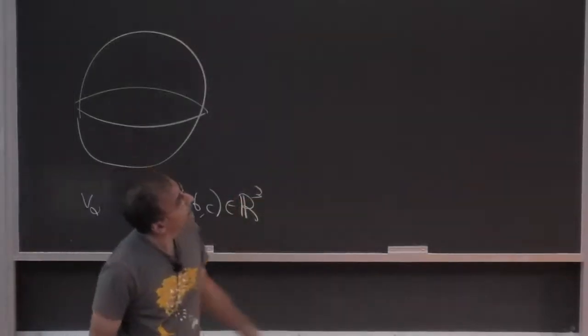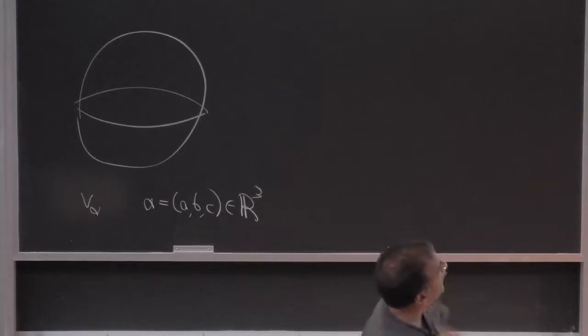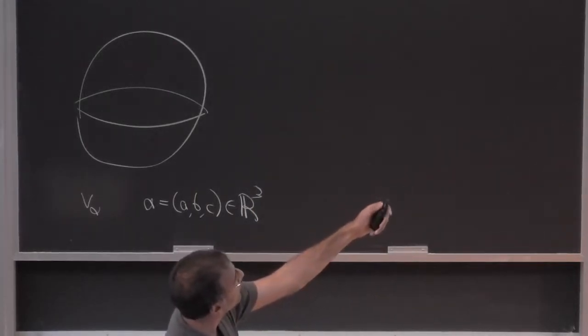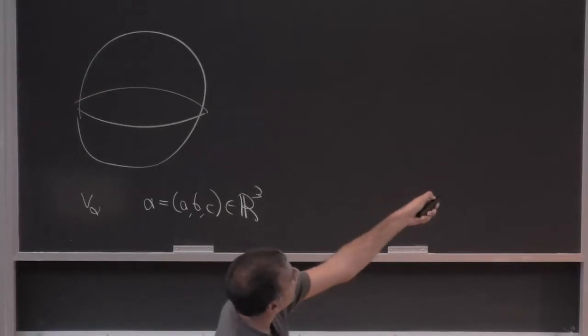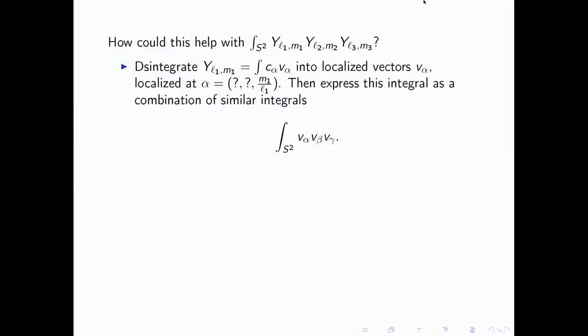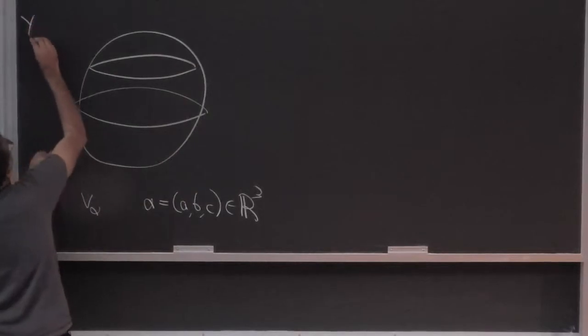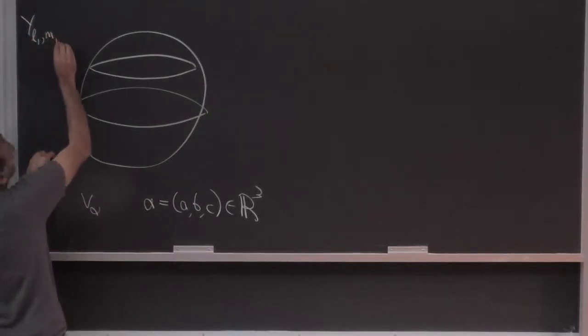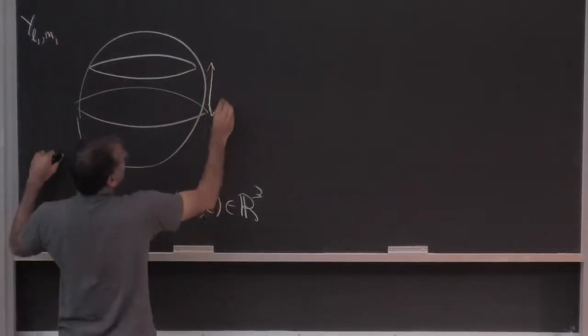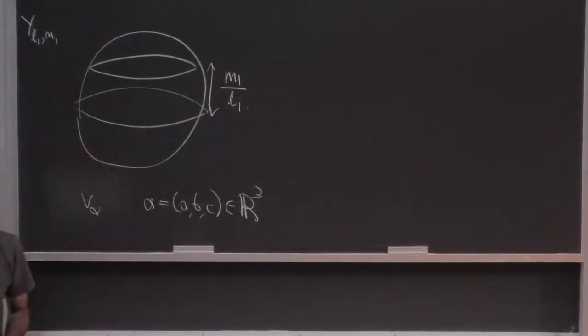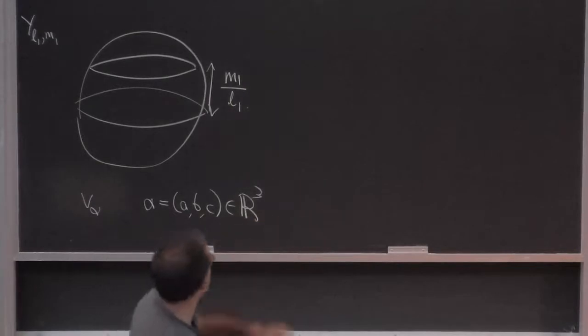I already said that this point has to lie in the unit sphere, but it satisfies a further constraint, and that's because the spherical harmonic is an eigenfunction of z-axis rotation. So in fact, when you decompose the Y, L1, M1, all the alphas you get have to lie on the circle of height M1 over L1. Same thing for the other guys.